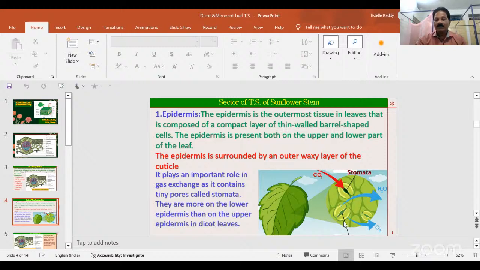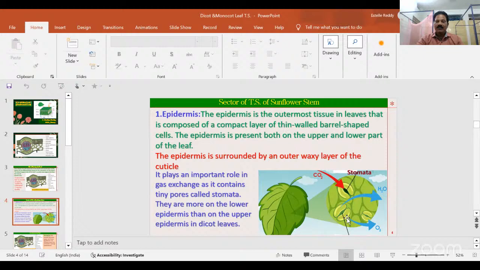The guard cells contain chloroplasts. They help in the opening of the stomatal complex, so they are called guard cells. Guard cells are modified epidermal cells.